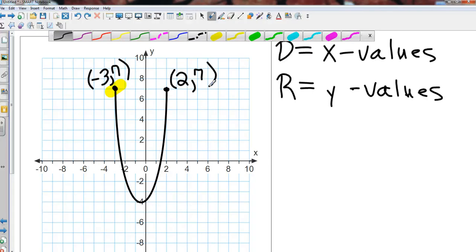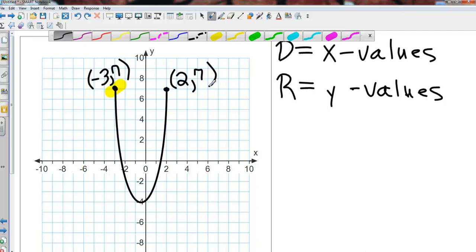Inequalities, chapter 2 that we just finished. How can I represent an x value that goes from negative 3 to positive 2? With an inequality. So something's going to be greater than and something's going to be less than. It's greater than what? Negative 3. It's greater than negative 3 because it goes to the right. Could it be equal to negative 3? Yes.